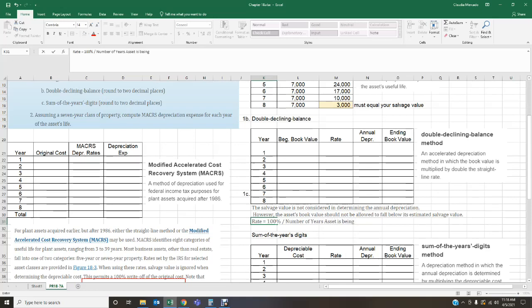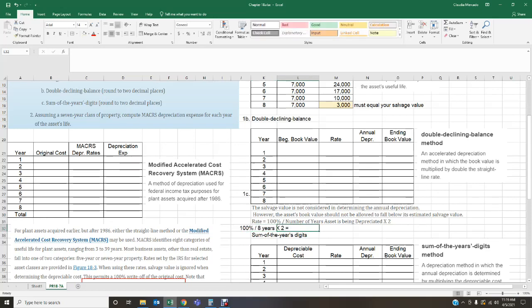Then we're going to multiply it by 2. So we're going to get 100% divided by the number of years the asset is being depreciated times 2. I'm going to divide 100% by the number of years the asset is going to be good for, 8 years, and then multiply by 2.